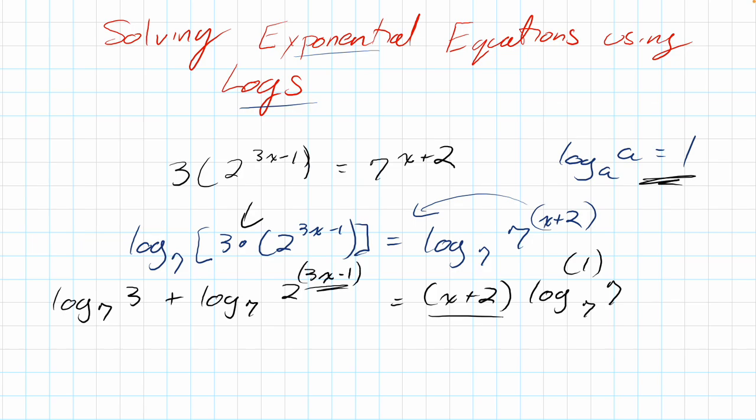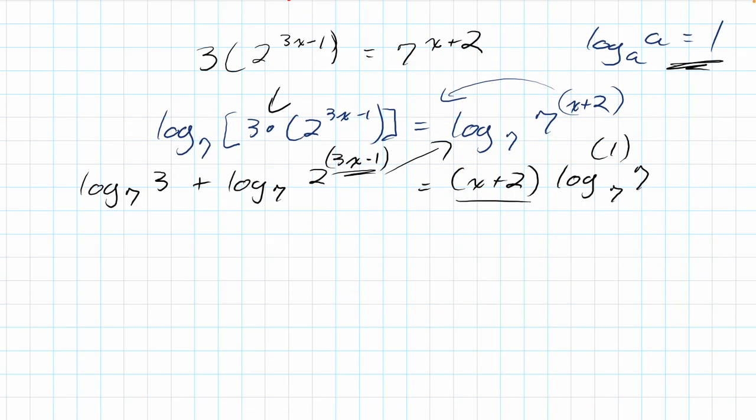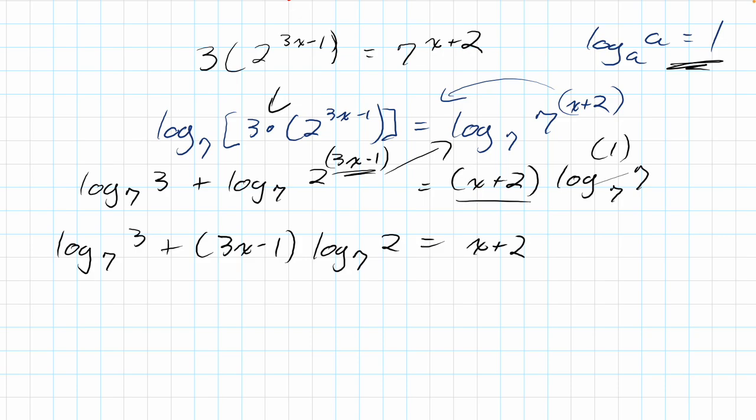Well, this ends up being a very similar scenario, where you can bring it down as a coefficient. So we still had our log base 7 of 3, plus the coefficient 3x minus 1, times log base 7 of 2, is equal to, this one is just the 1, so x plus 2.